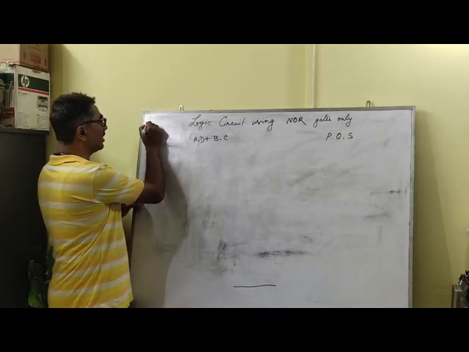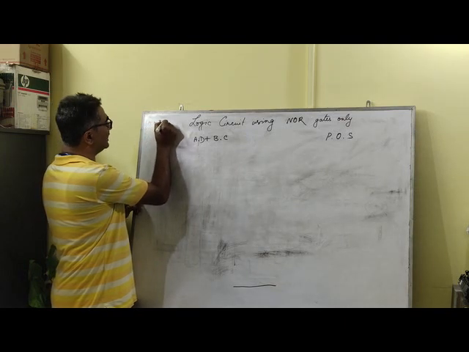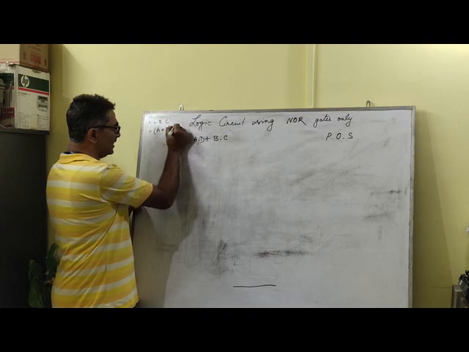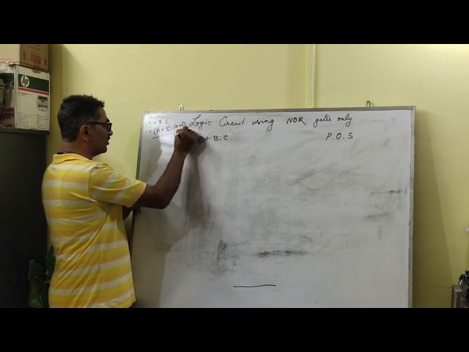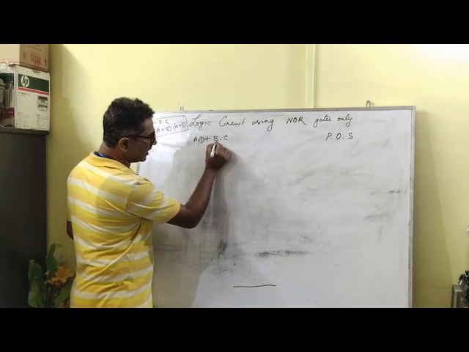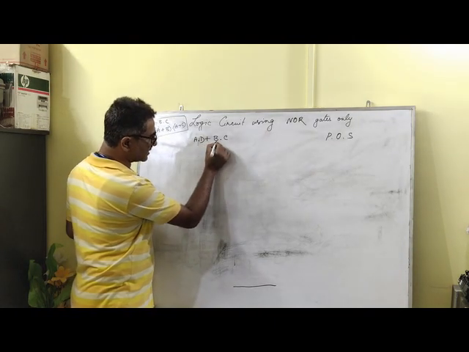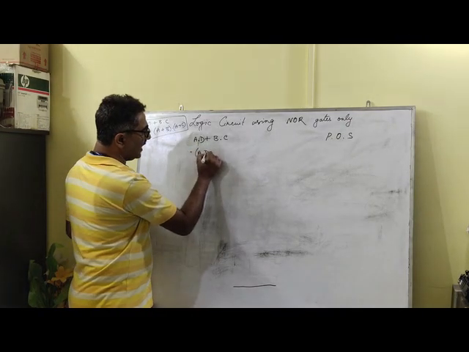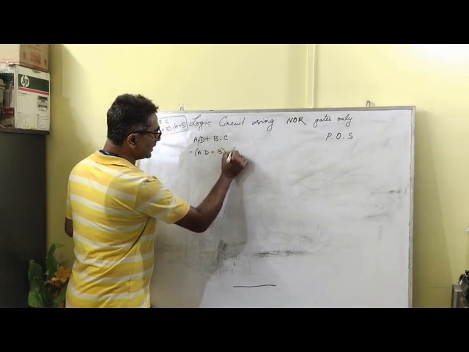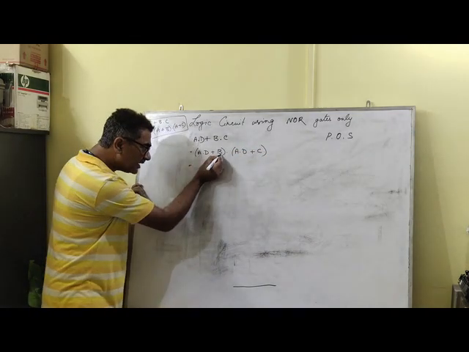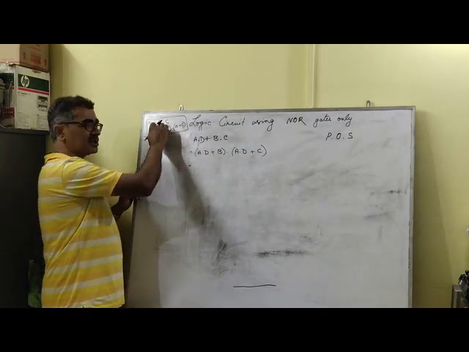Remember the distributive law, A plus B dot C is equal to A plus B dot A plus C. We had learned this earlier, so we are going to apply this exactly. Now this one again we can apply the distributive law to break.